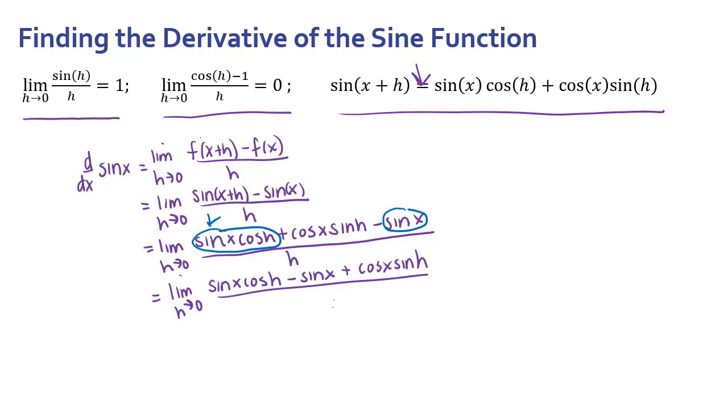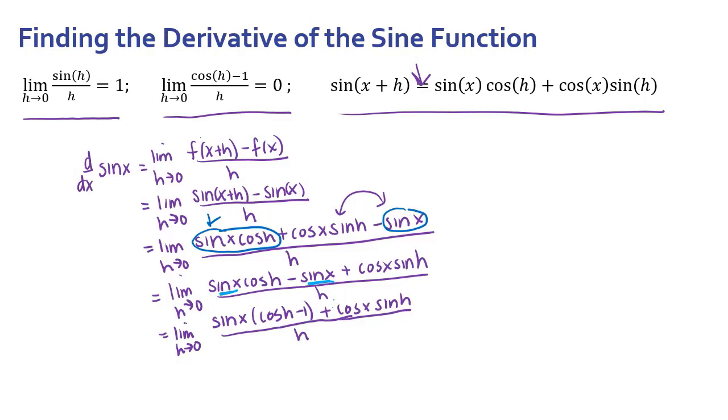All I did is flip-flop the order these were written in, which I can do. Both of these terms have a sine of x in them, so I'm going to factor that out. That's going to be the sine of x times the cosine of h minus 1, plus the cosine of x times the sine of h, and then this is all over h.